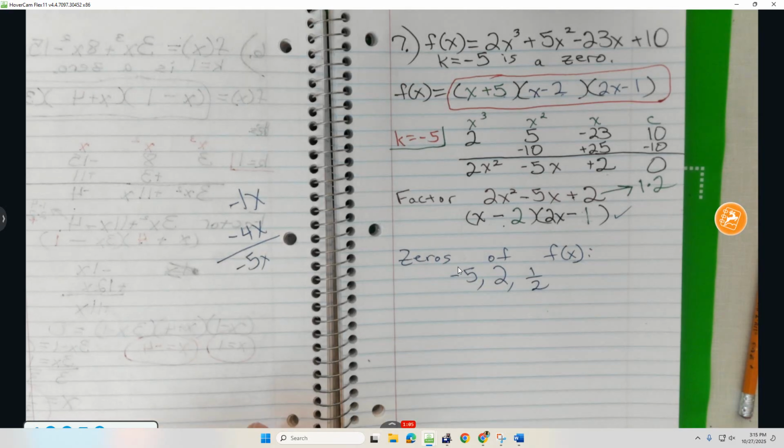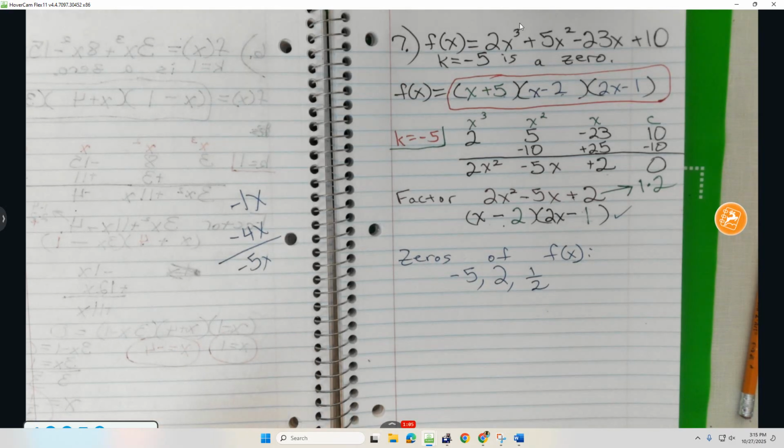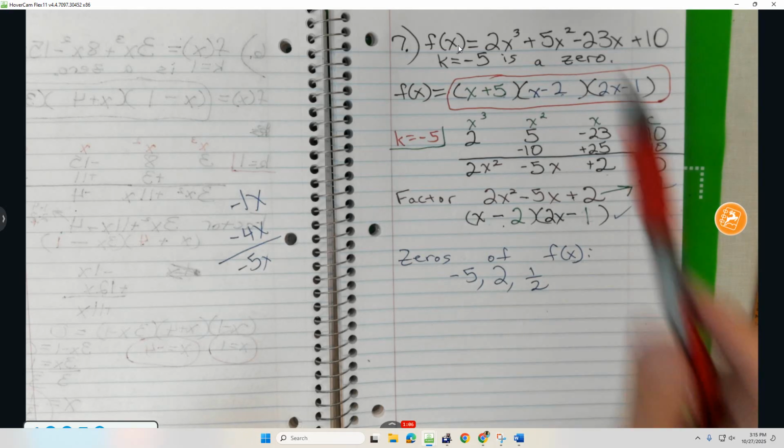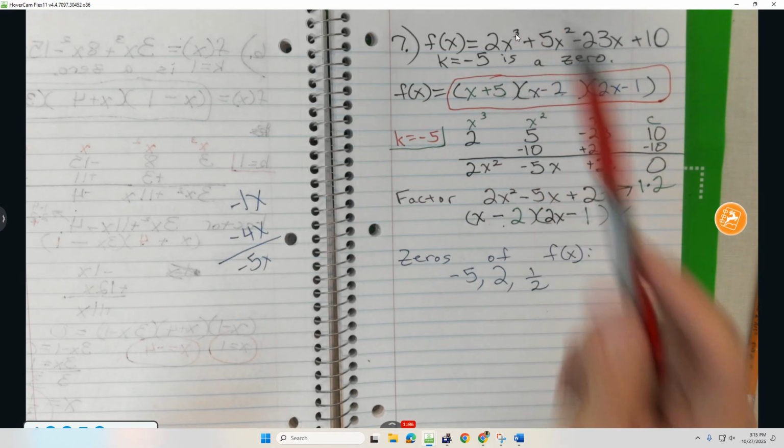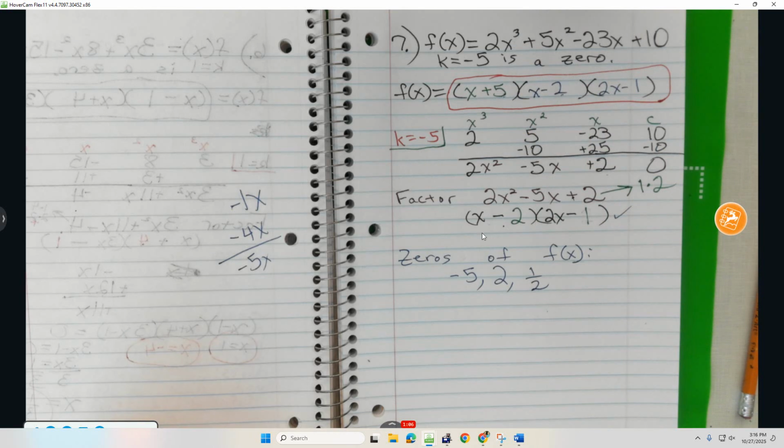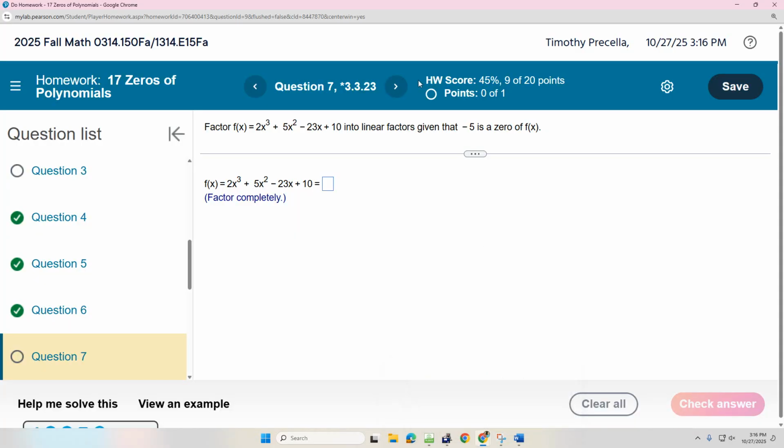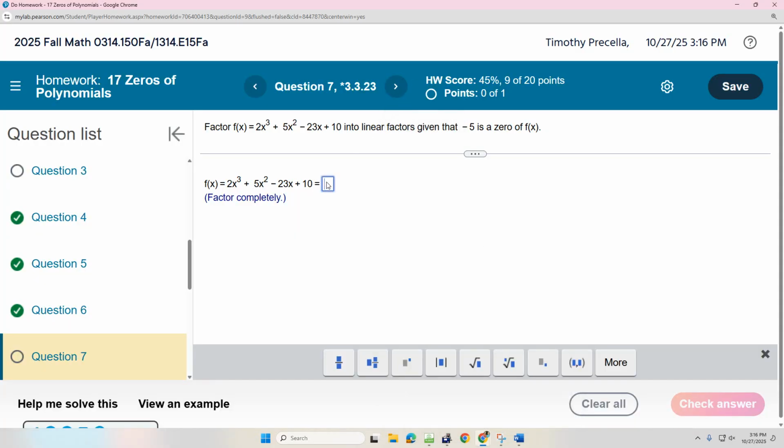No, the fundamental theorem of algebra says you cannot have more zeros than the largest exponent in the function. You might hear zeros also called solutions to polynomial equations. Yeah. Mm-hmm. What else? Let's do number 8. It's the same type of problem. Oh, wait, no. I haven't even typed in this answer.